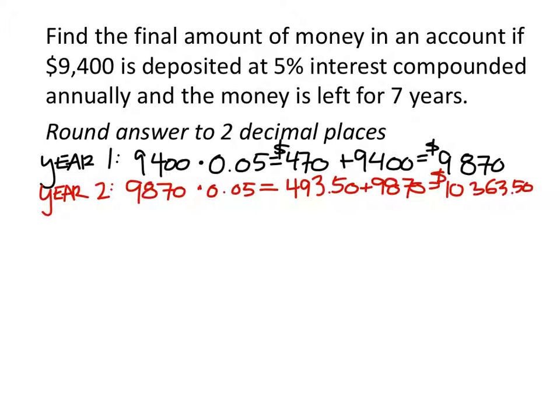All right, now, I think even in this class, but in 950 we learned that we don't have to take that 5% and add whatever that value is. What we can do, and we'll do it for year 3, which is just going to slightly speed up the process. We know we're going to start where we started year 3 with the $10,363.50.